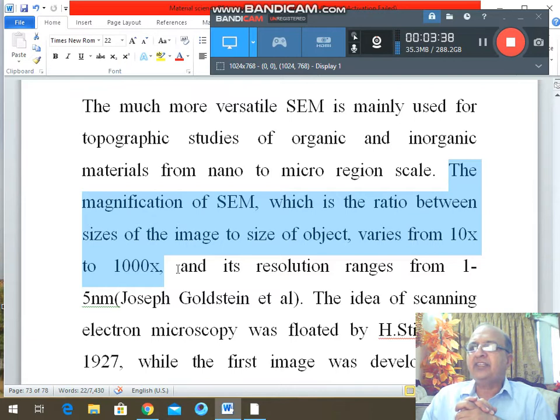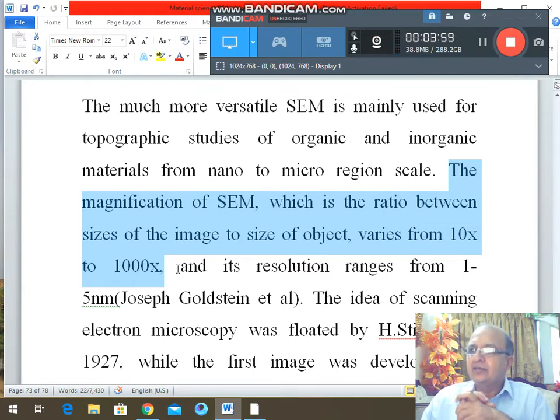So, the magnification of SEM varies from 10x to 1000x, and that depends upon the electron speed. We will discuss it later.